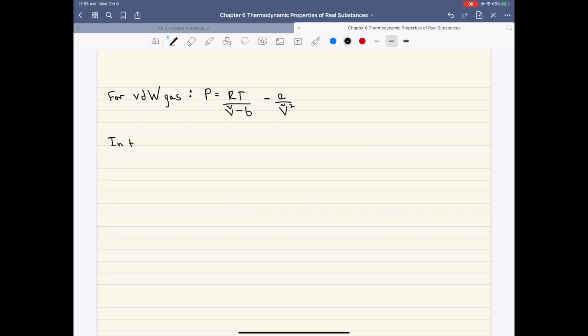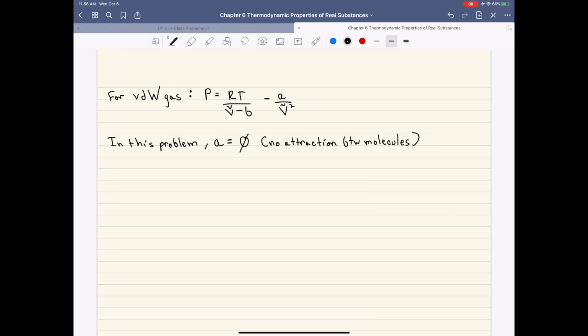But in this problem, we're dealing with a hypothetical gas in which the A parameter is equal to 0. And so physically what this would mean is that there would be no attraction between molecules.